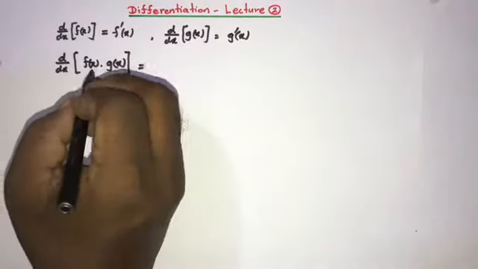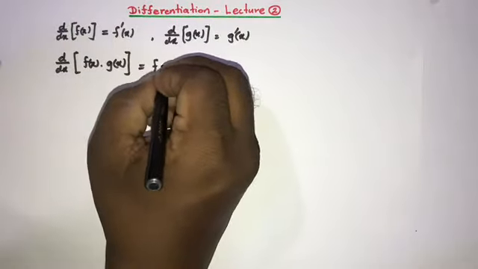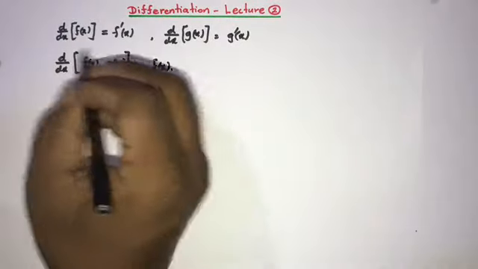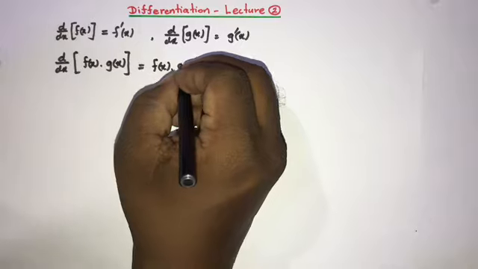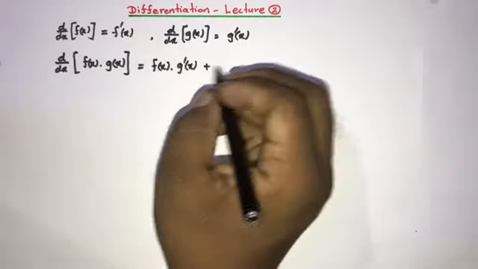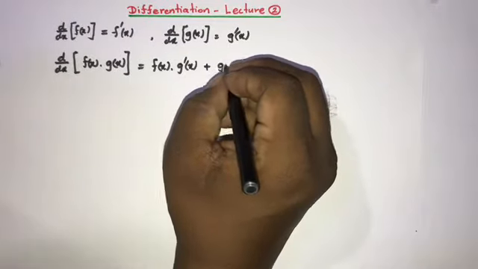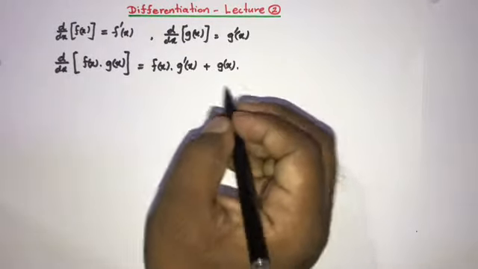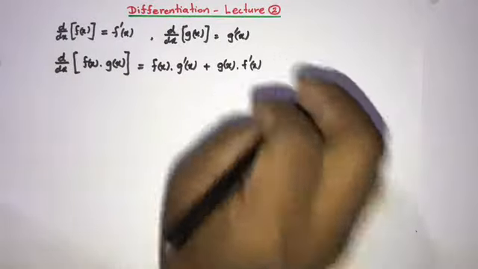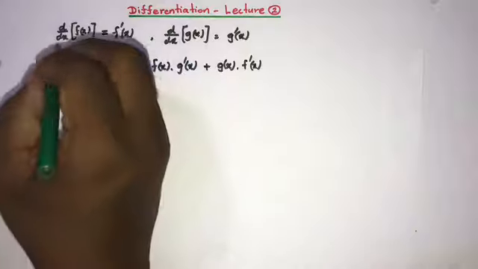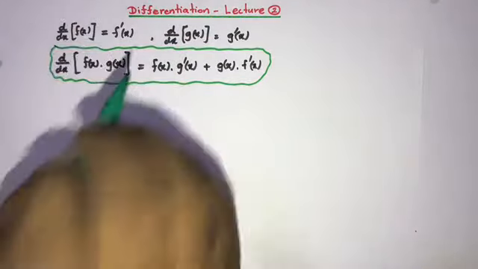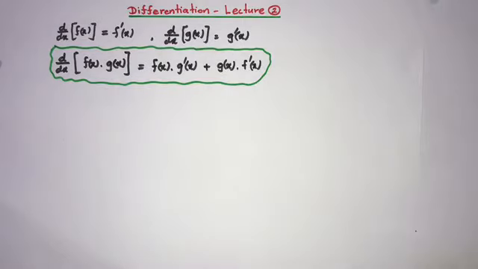First rewrite the first function, so f of x, then take the derivative of the second function, so g dash of x, then plus, then rewrite the second function, so g of x, then the derivative of the first function, so f dash of x. Okay, this is the product rule of differentiation. So if we have a product of two functions, we can apply the product rule.